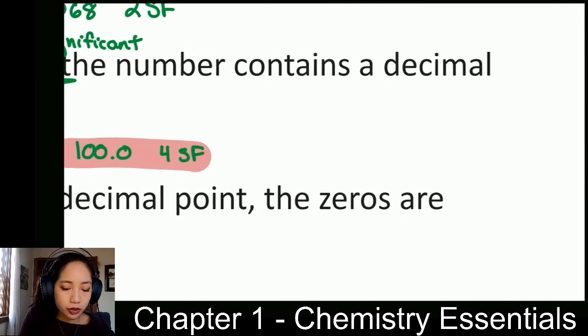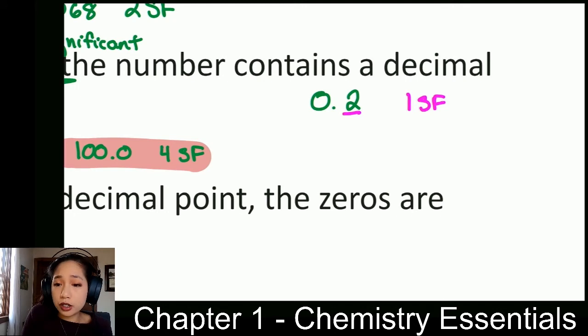All right, so another example, let's say 0.2. This follows our previous rule also because there's a leading 0 here, so that 0 is not significant. The only significant digit here is the 2. So as written, this has 1 sig fig.